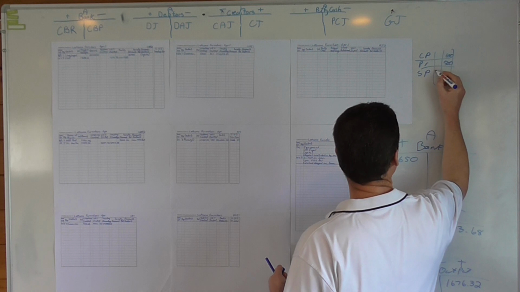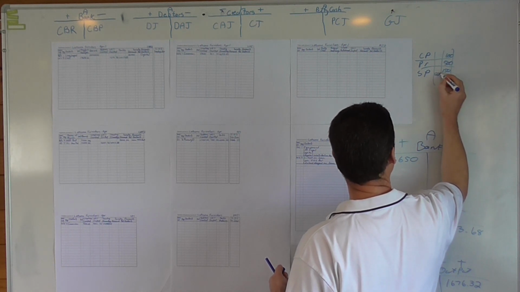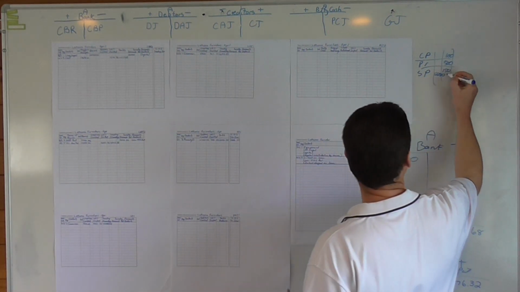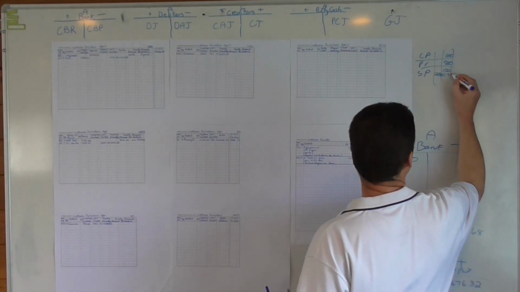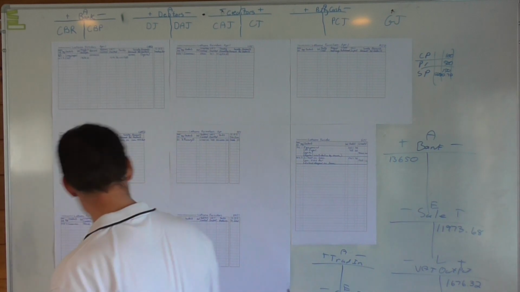So the selling price is 12280.70. Okay. So in other words, now we're going to calculate this.